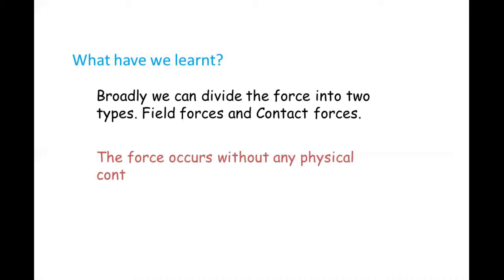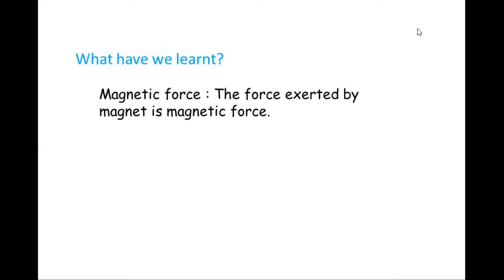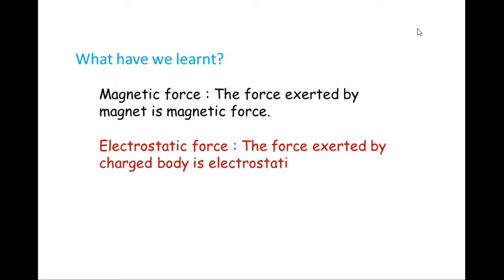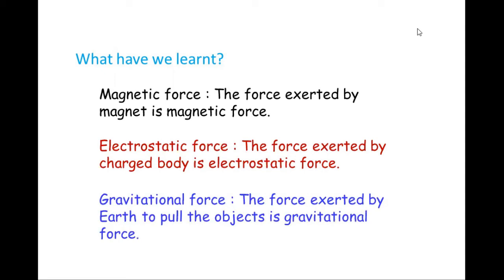The force that occurs without any physical contact is known as field force. There are three types of field forces. Magnetic force: the force exerted by a magnet is a magnetic force. Electrostatic force: the force exerted by a charged body is electrostatic force. Gravitational force: the force exerted by the Earth to pull objects is gravitational force.